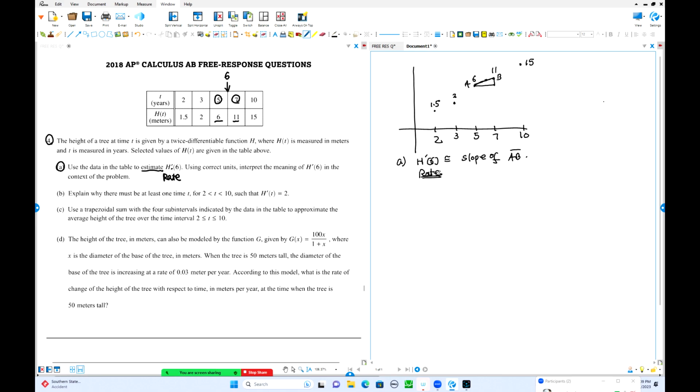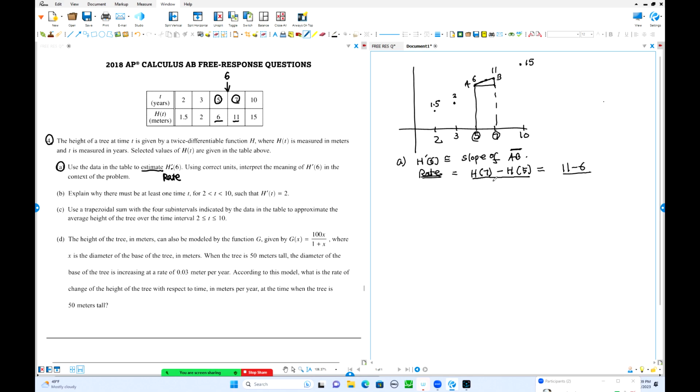All right. Now let's find the slope of this line AB. So h when t equals 7 minus h when t equals 5, that is y2 minus y1. We already got the numbers there, 11 minus 6, and x2 minus x1, 7 minus 5.